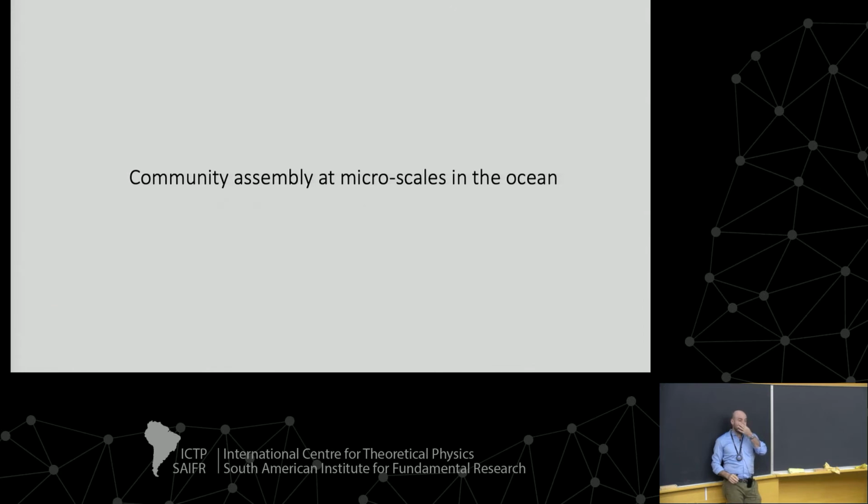And the main philosophical point that I would like to discuss with you, and in the next lecture I'm going to try to address it, is what are the relevant functional units of a community. I can tell you the bottom line is that I think we are measuring the wrong things from the beginning. Why is it that we are so obsessed with species when we don't even know what a species is?